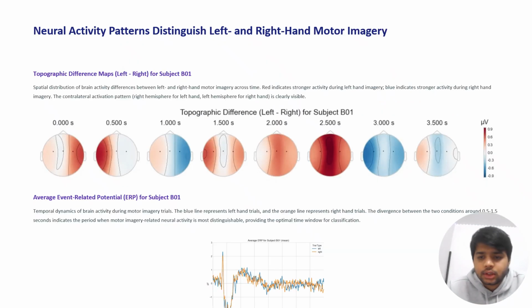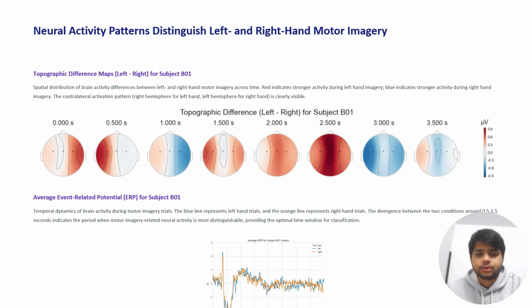Here is the sample data which I have selected for subject B1. In the images we can see that whenever the subject is thinking about either movement, a certain part of the brain activates and it produces event-related desynchronization.